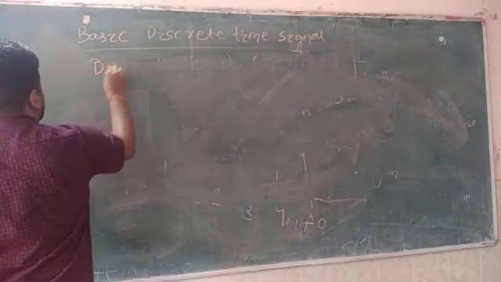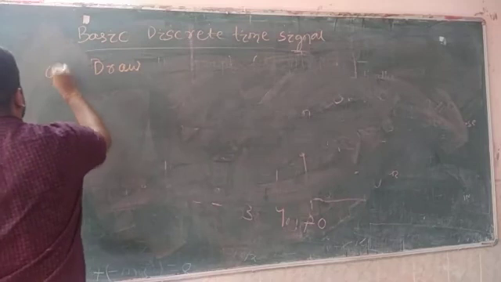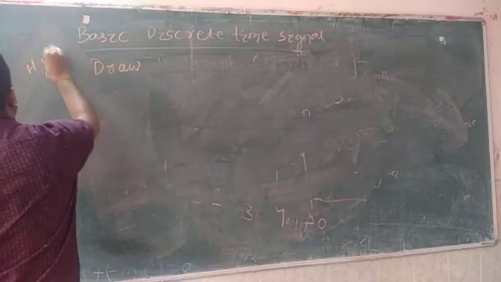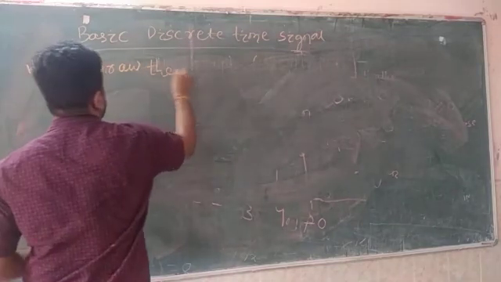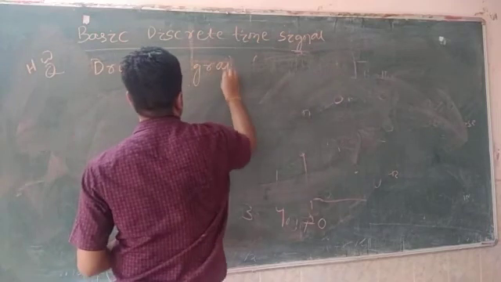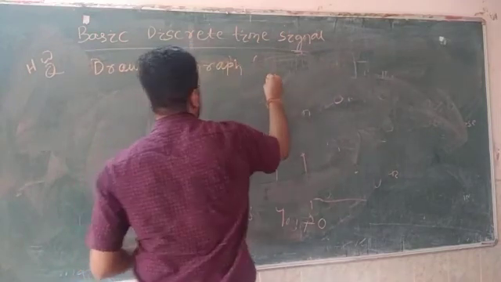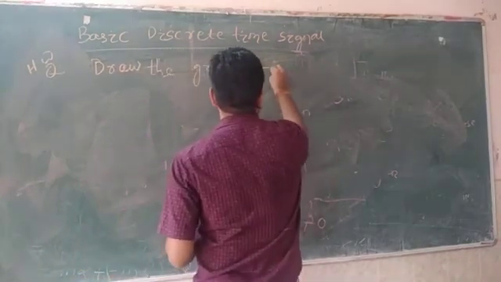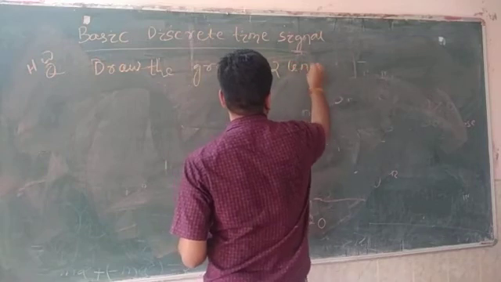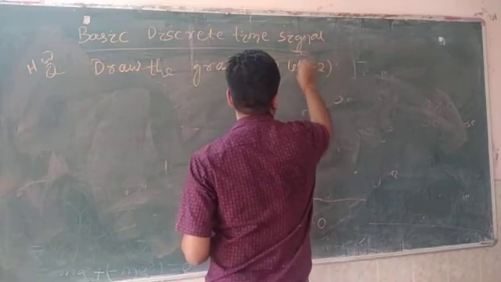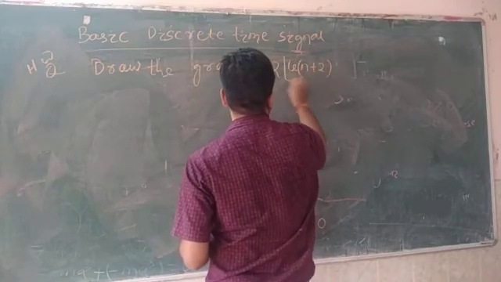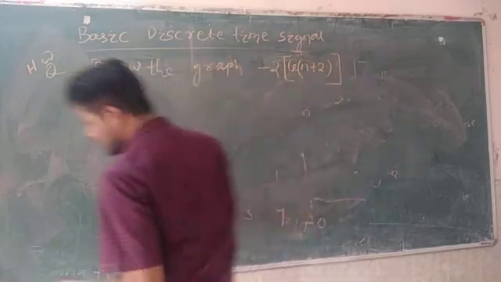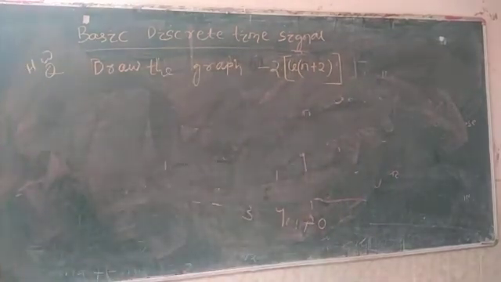Draw the graph of the signal minus 2 u of n plus 2. This is a homework question for you.